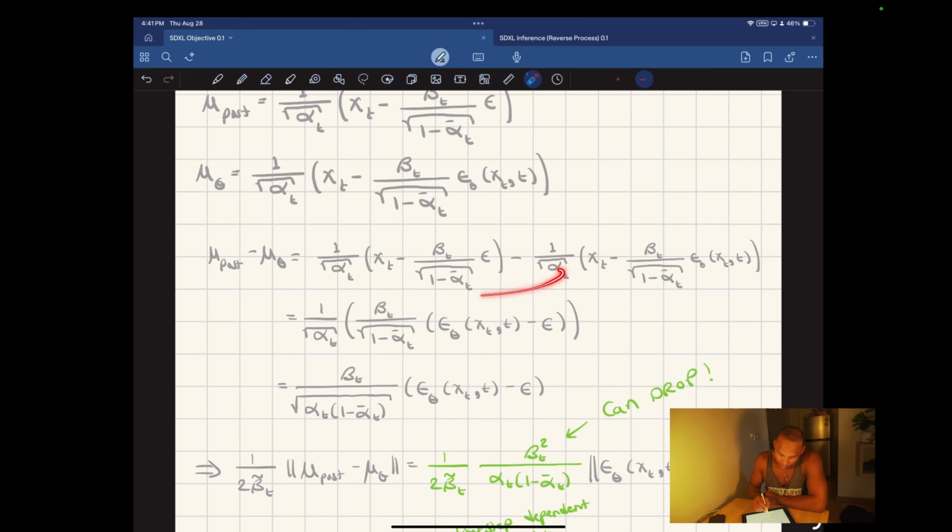Then we can pull out this, and this, and this. Then it'll be this minus this, and we can pull out the betas, sorry, these scaling terms, and we'll get this.